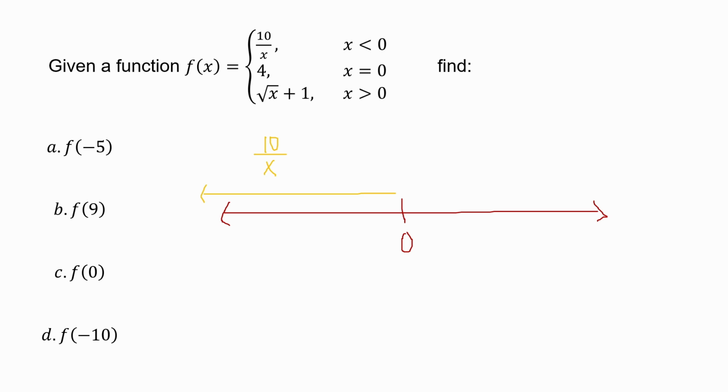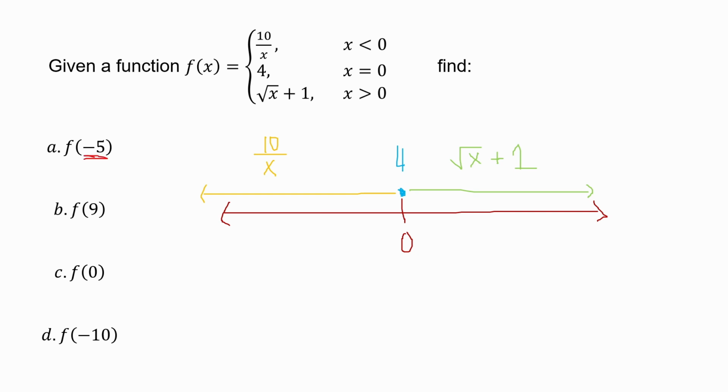When x is equal to 0, we will use 4. And when x is greater than 0, we will use square root of x plus 1. For me, this is an easy way to not get confused using piecewise, and then it's just easy from here.